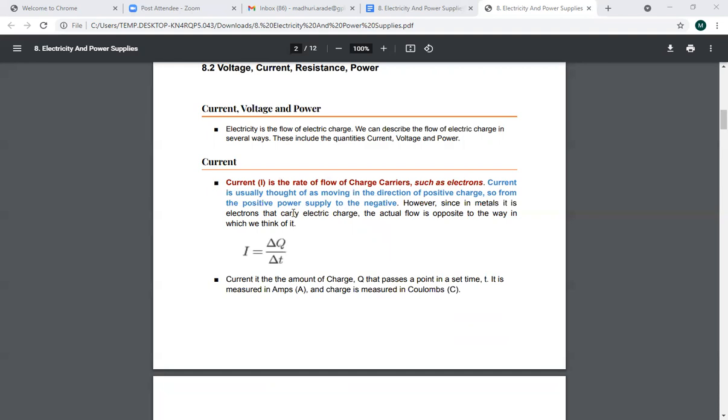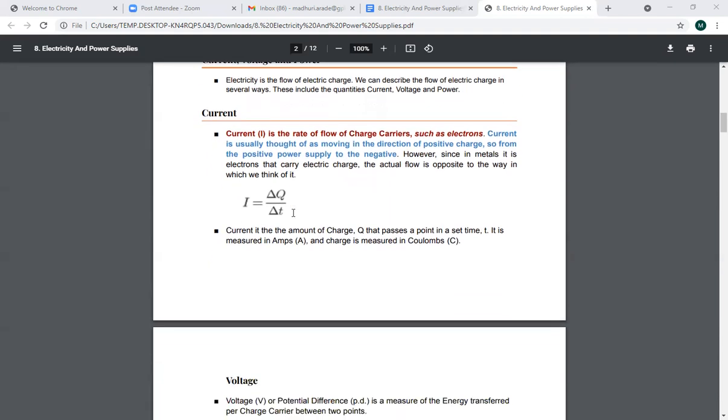Medium means you can consider the physical medium of a cable. Throughout that you are carrying the charge, that may be a positive charge or a negative charge. So it will decide at what rate that flow of charge is carried out. That is nothing but current.